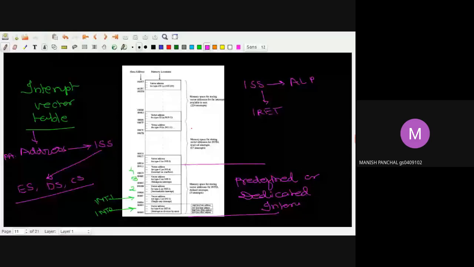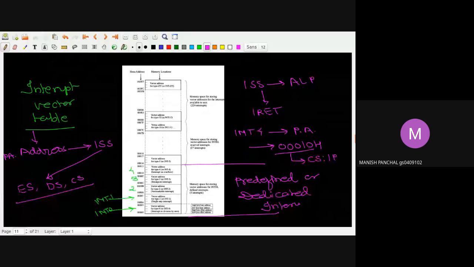Okay, so for example, in the last example I talked about INT4. The physical address for this INT4 we have got as 00010H. Here it is possible that from this point I am only getting the CS and IP combination.